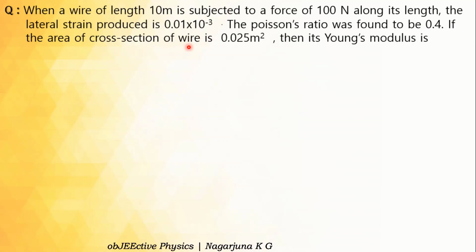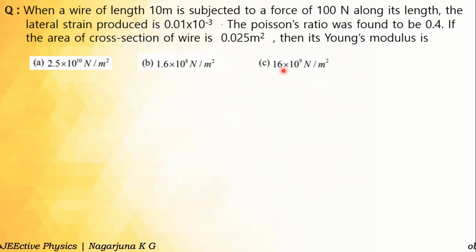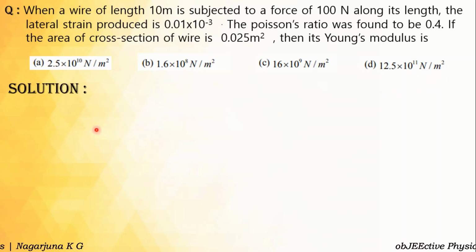If the area of cross section of the wire is 0.025 meter square, then its Young's modulus is: option A, 2.5 into 10 power 10 Newton per meter square; option B, 1.6 into 10 cube Newton per meter square; option C, 16 into 10 power 9 Newton per meter square; option D, 12.5 into 10 power 11 Newton per meter square.